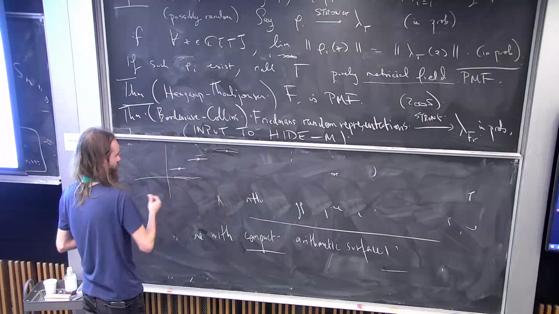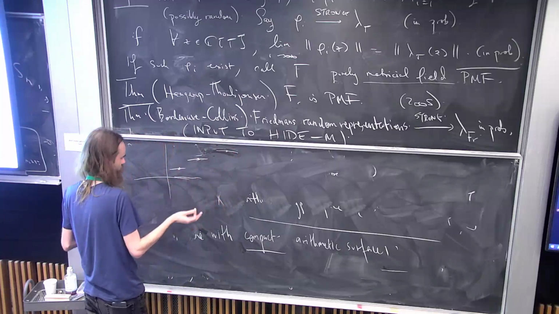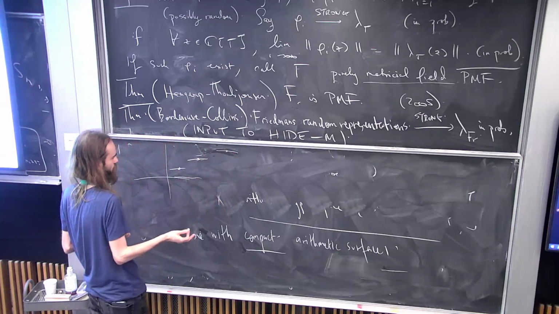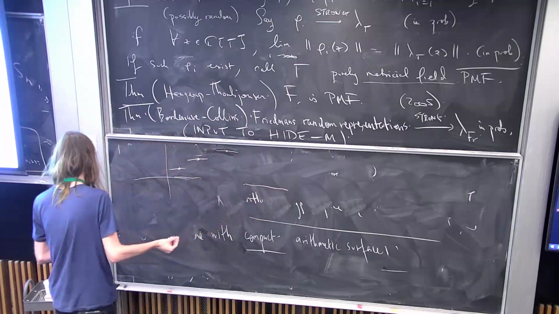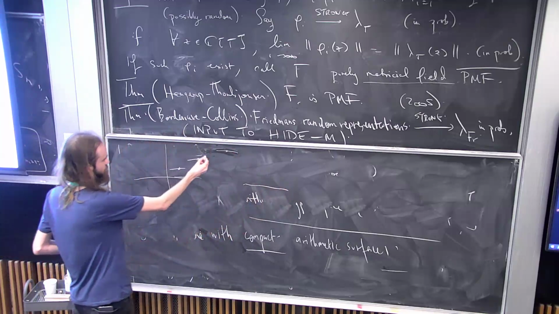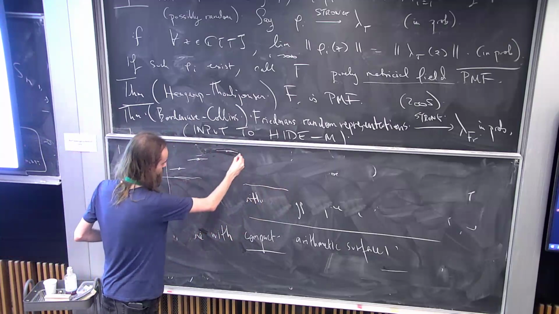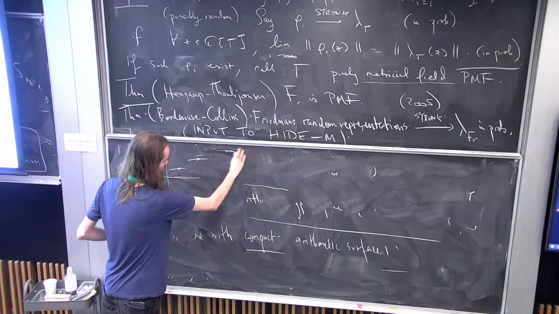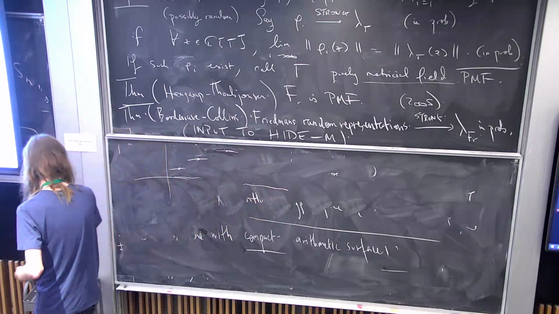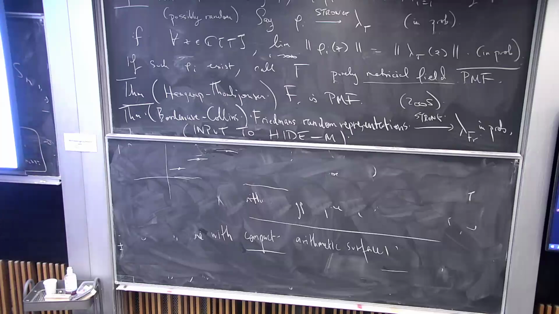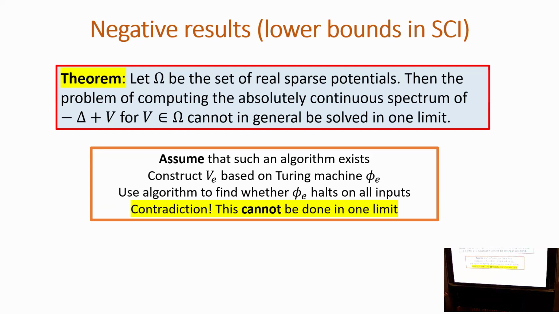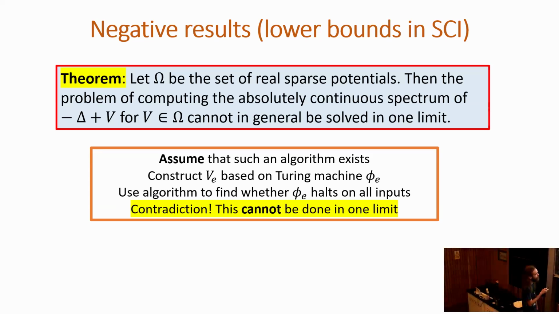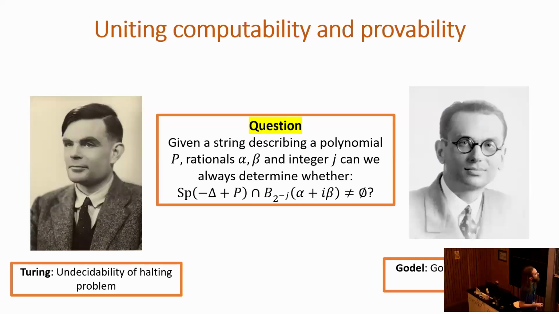If at any point the machine fails to halt on an input, the potential will just be zero beyond that point, so we'll get absolutely continuous spectrum. Otherwise, if the procedure can just continue, we get an increasing ladder, which will produce singular continuous spectrum. So if we could determine whether the absolutely continuous spectrum was non-empty in one limit, we could somehow solve this problem in one limit, which we can't do.